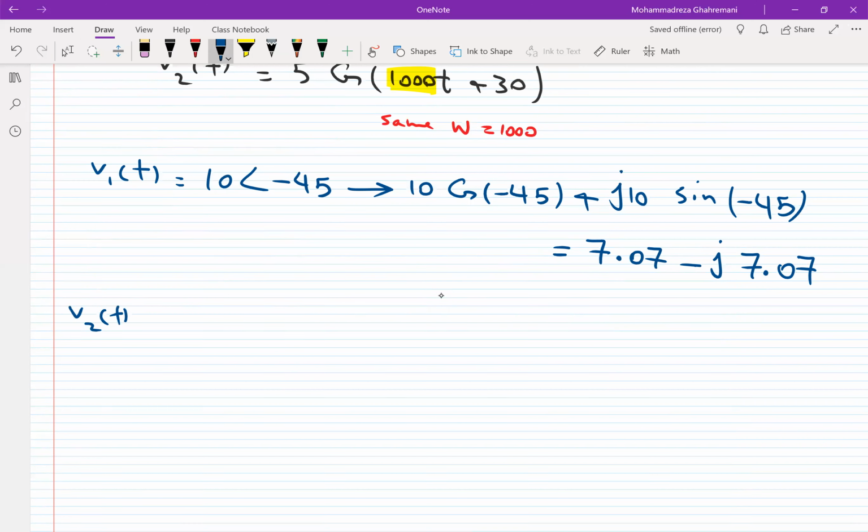For V2 of t, the amplitude is 5, the phase angle is 30. So we convert it to rectangular form.